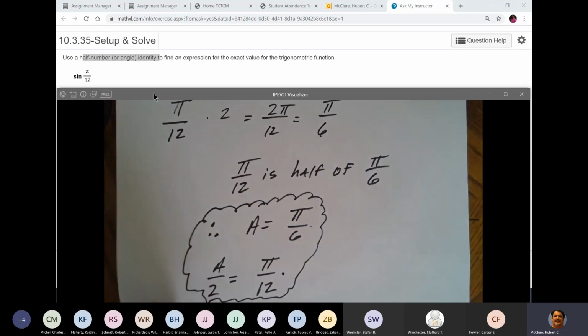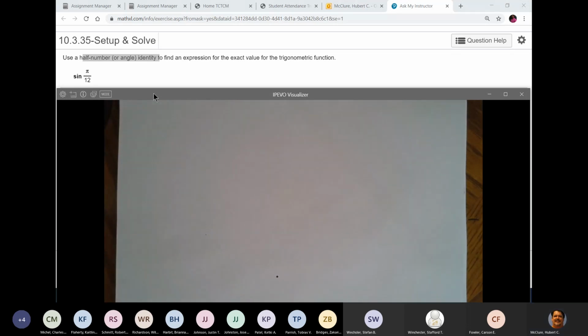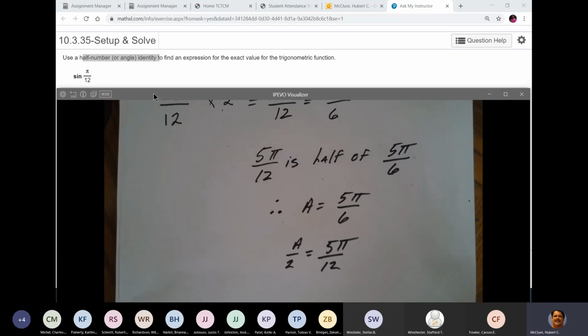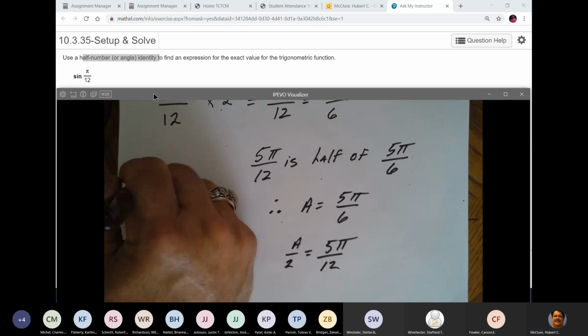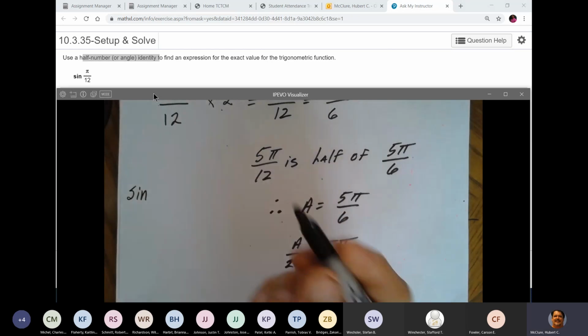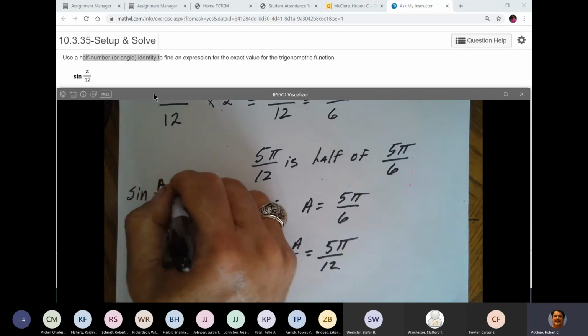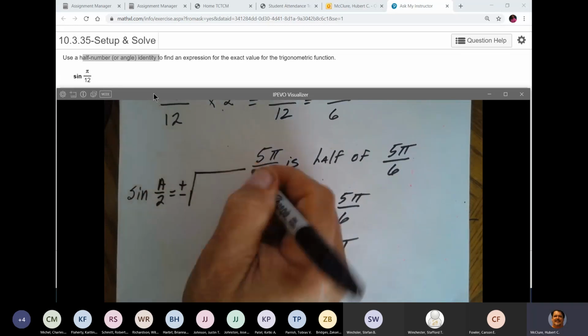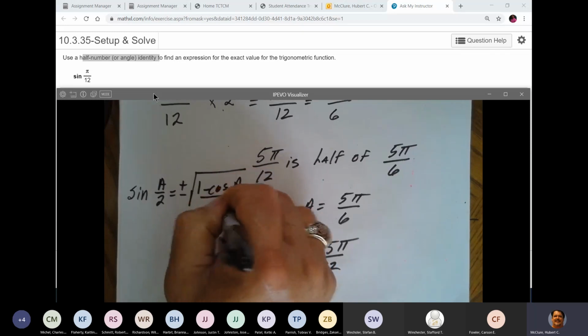So let's go back to the one we were doing, 5 pi over 6. 5 pi over 12 is half of 5 pi over 6. So sine of A over 2 is equal to positive or negative square root of 1 minus cosine of A over 2.